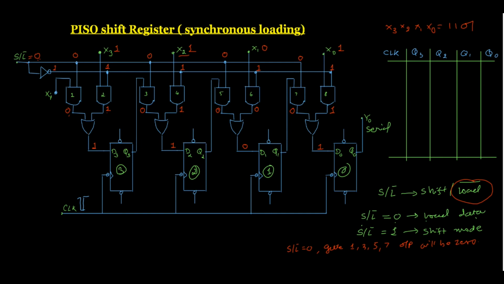So let us see what the data at the input is. Data at the input of flip-flop number 3, D3, is 1. So now it is going to be transferred to Q3, which is also going to be 1.